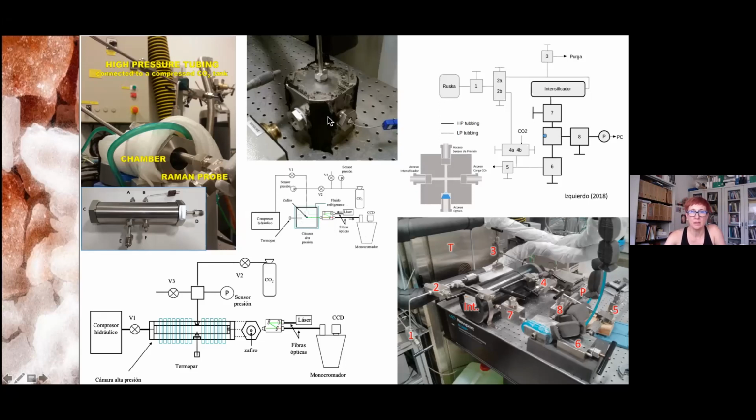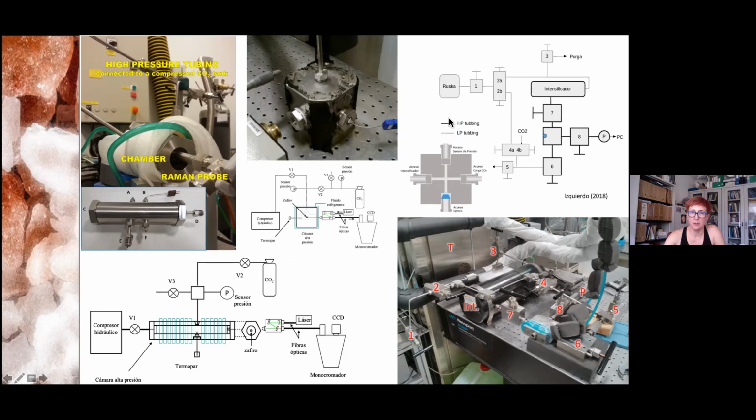This one here is the chamber that works up to 100 megapascals. It has 4 different ports for different sensors, and one port has also a sapphire window for spectroscopy. The rest is the same as the other configuration.